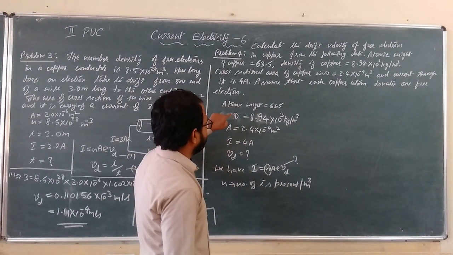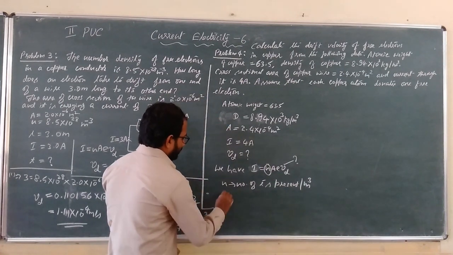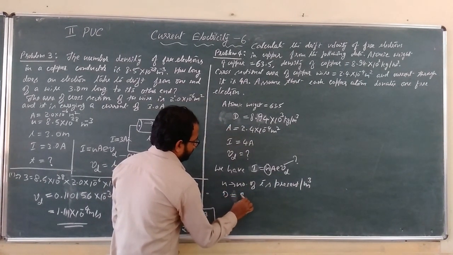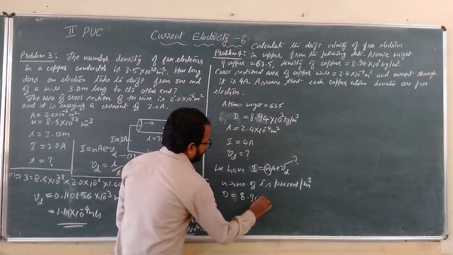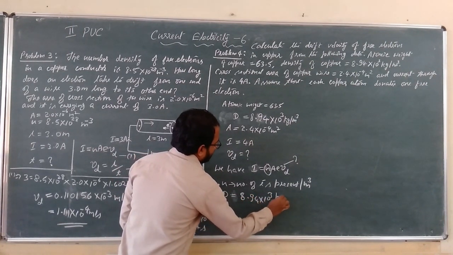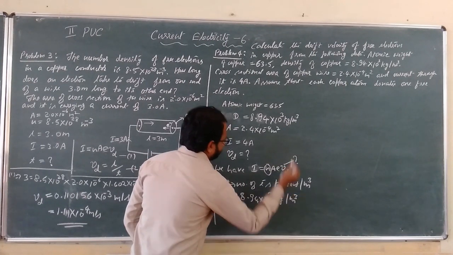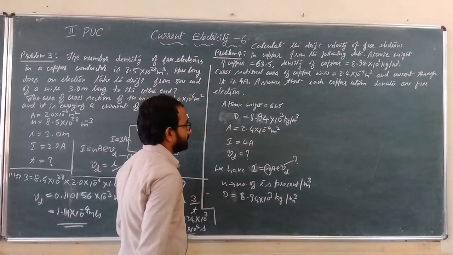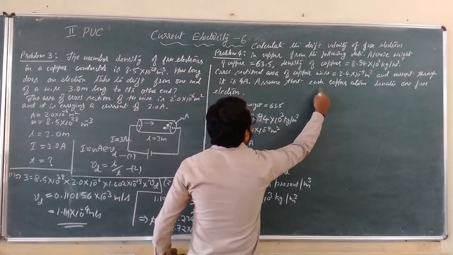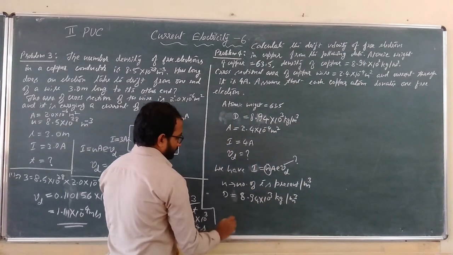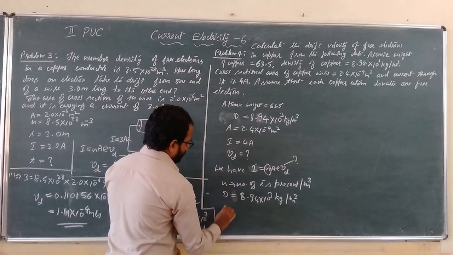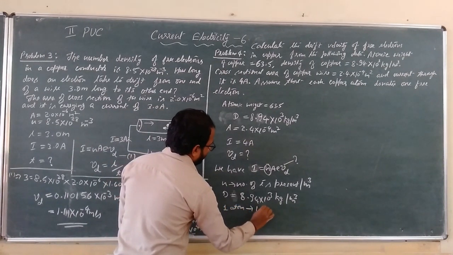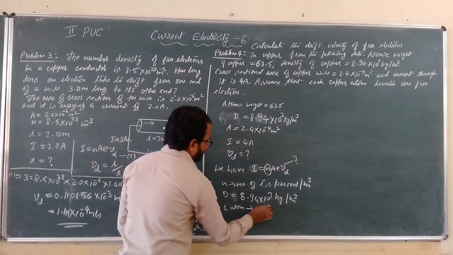Here D is given, the density, 8.94 into 10⁻³ kg per meter cube. Now using this, how to calculate the number density? Assume that each copper atom donates 1 free electron. One atom is giving 1 free electron for the electrical conduction.